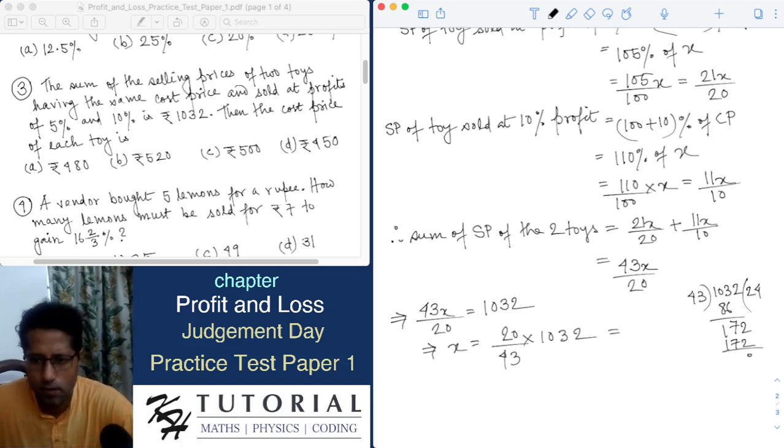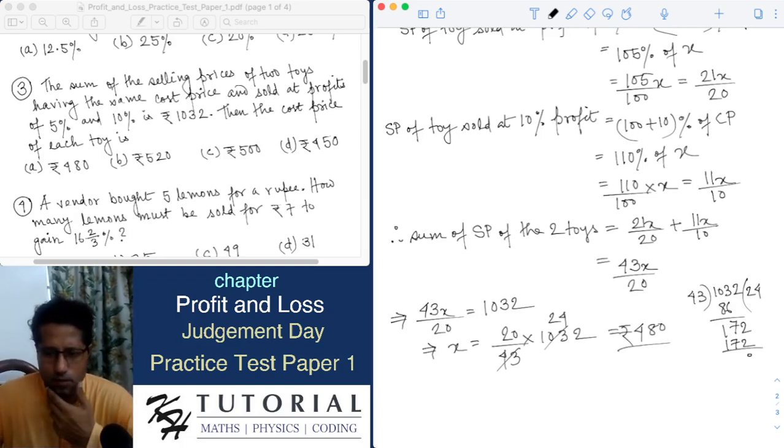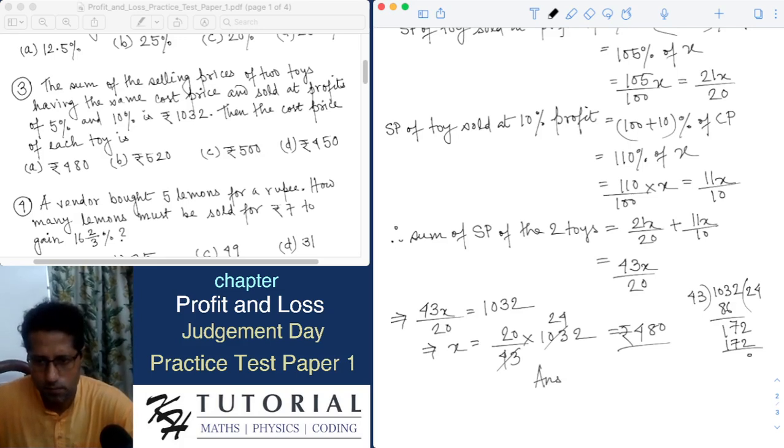So 24. So this is 480. So the cost X, which is the cost price of each toy, is rupees 480. So the answer is choice A. A is the answer choice.